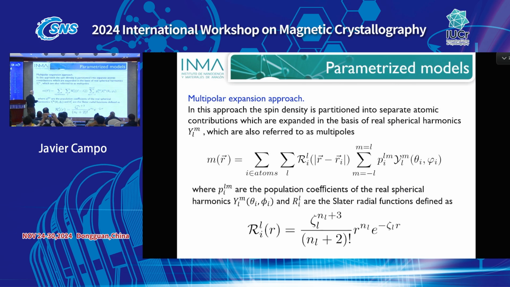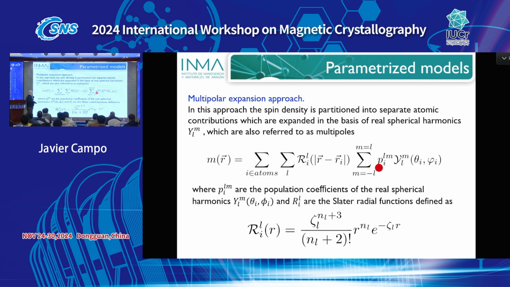The other method is the multipolar expansion approach. Here, you are modeling directly the spin density. You are not modeling the atomic wave function, the magnetic wave function that will produce this magnetic density, but you are modeling directly with real spherical harmonics the spin density. And then you have your spin density, and every time you can put it in the base of the real spherical harmonics.